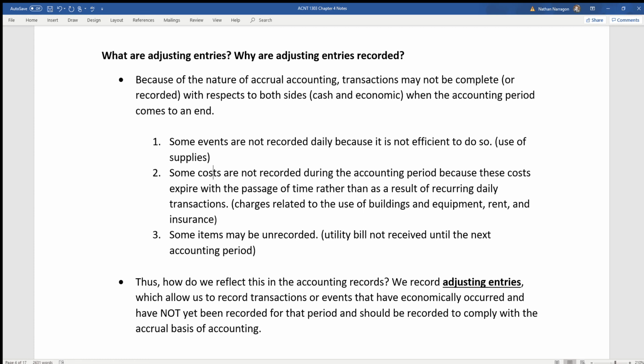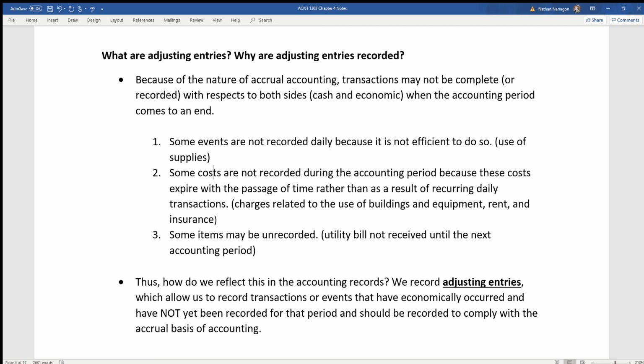Rent, prepaid rent, maybe prepaid insurance, all of those, we use up the policy. But, again, it's not efficient enough to actually do it daily. We do it at the end of the period to show how much we've used.